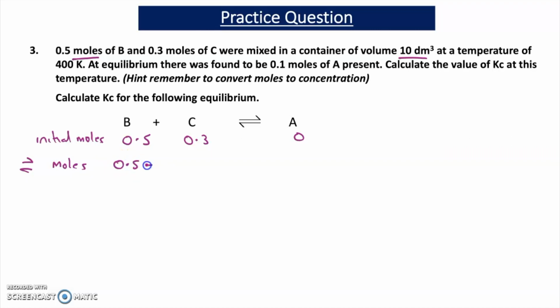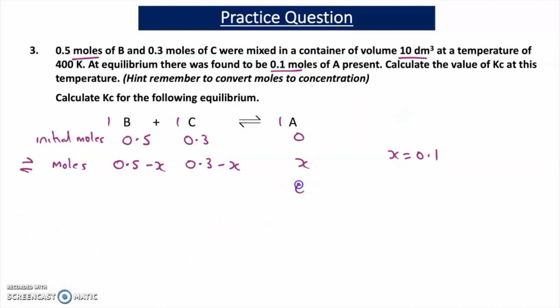Now at equilibrium, the number of moles will be 0.5 minus X, because there's 1 mole of B in the chemical equation. It'll be 0.3 minus X, once again, because there's 1 mole of C in the chemical equation. And A will have an equilibrium number of moles equal to X, because there's 1 mole of A in the equation.